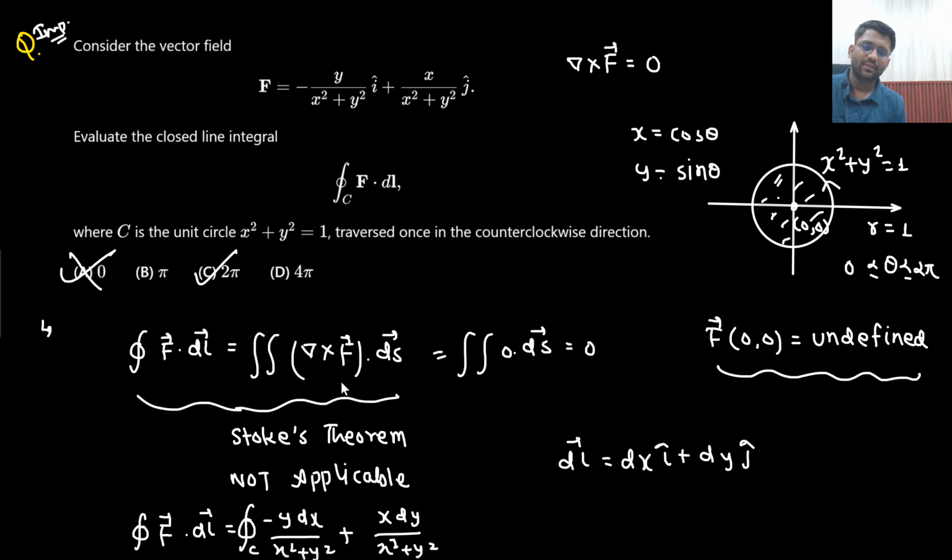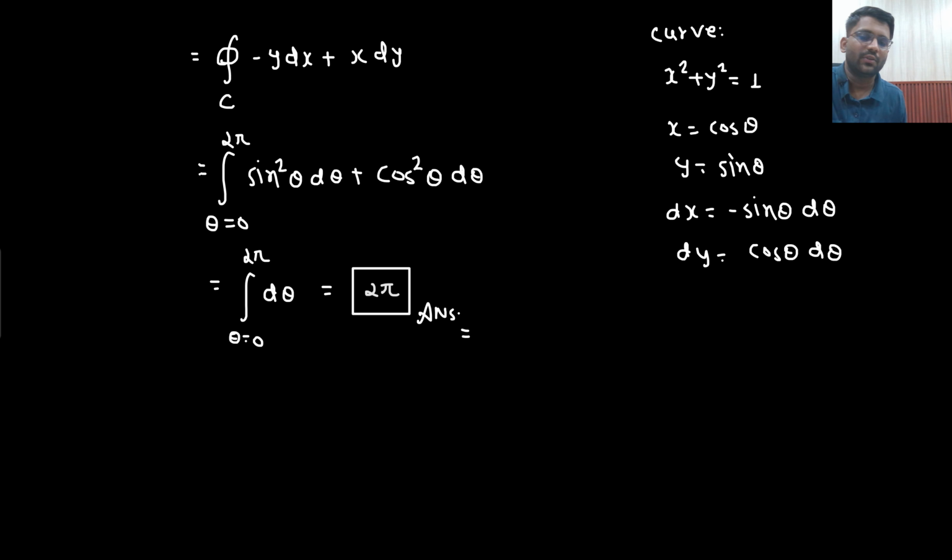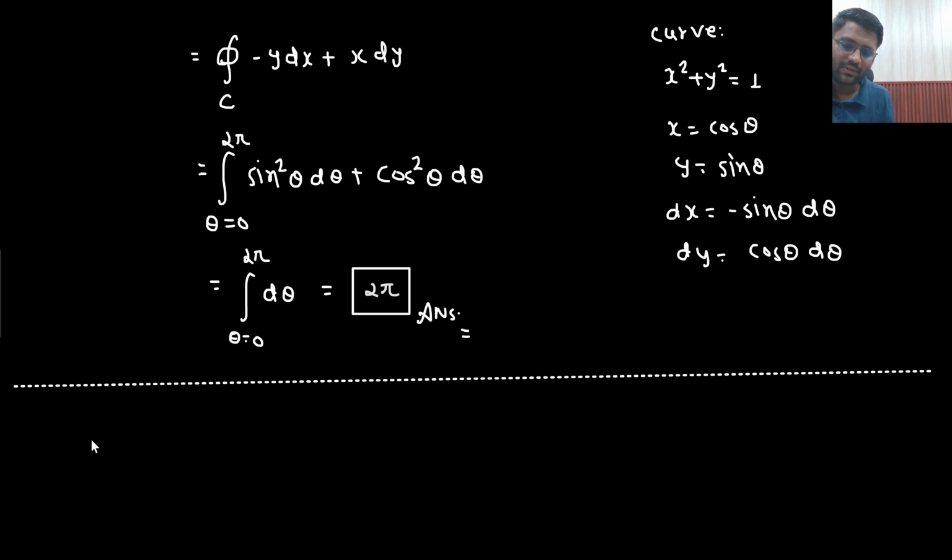See this example. What was the value of del cross f? The value of del cross f actually came out to be 0. Here when I calculated del cross f, it came out to be 0 only. So in this example, the del cross f was 0. But when you calculated the closed line integral f dot dl, did it come out to be 0?